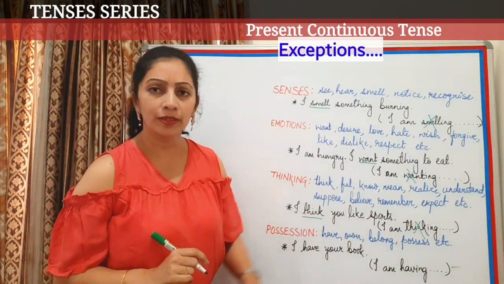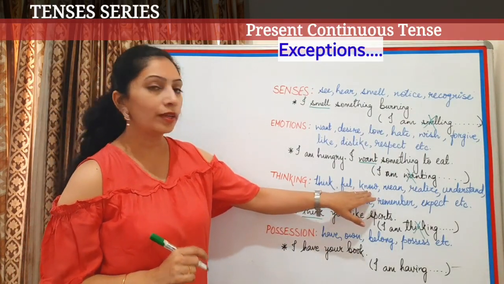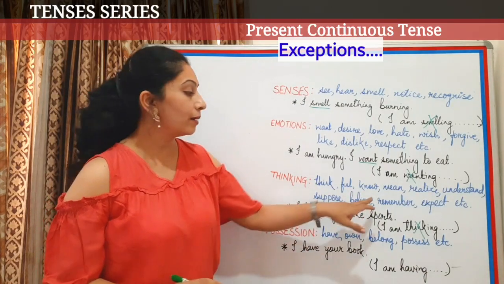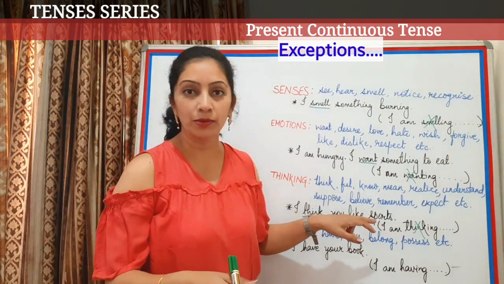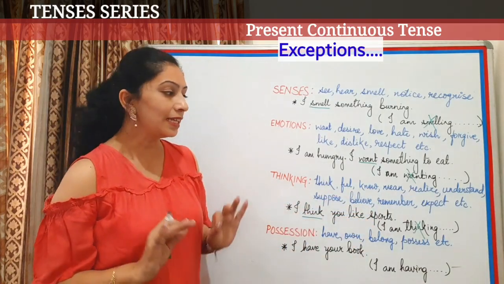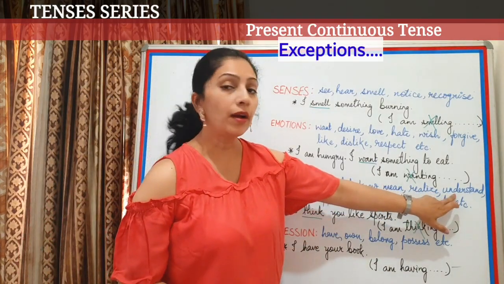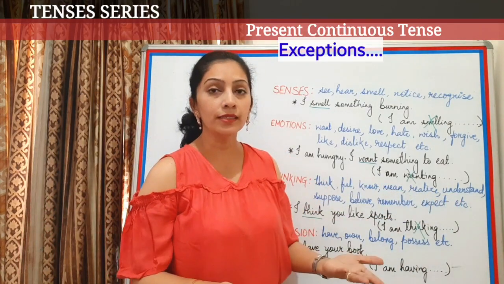Take any other verb here. I know where your house is. It's a correct usage. But if I say I am knowing where your house is, then that's completely wrong. Similarly, I cannot say I am understanding or he is understanding.